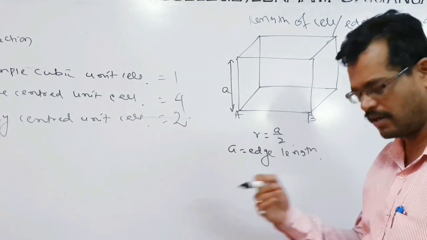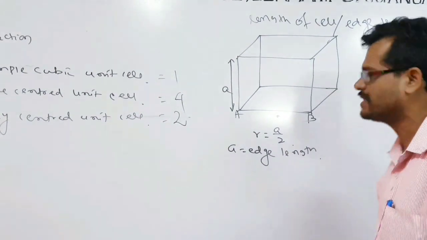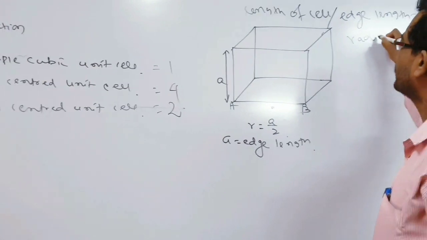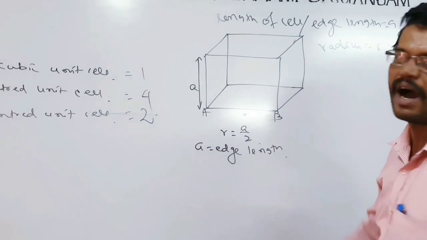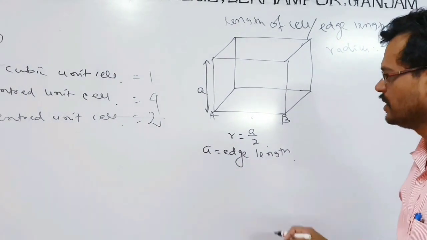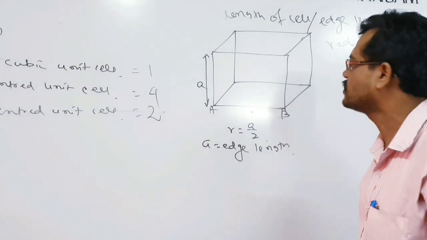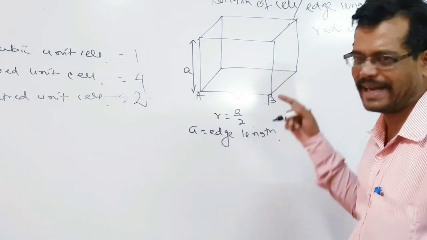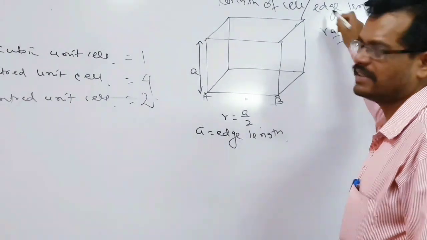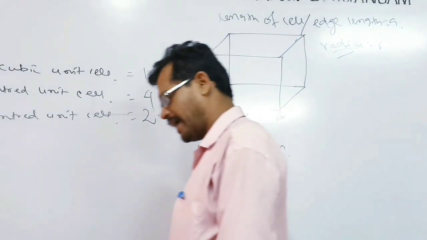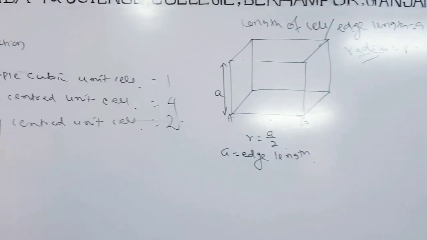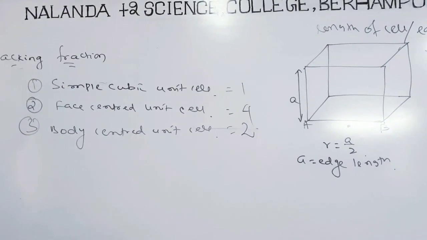Similarly, the radius of the atoms in the unit cell is represented by r. By taking the edge length a and radius r, we can find the packing efficiency.